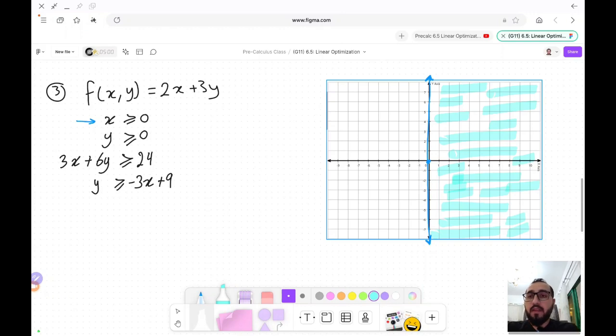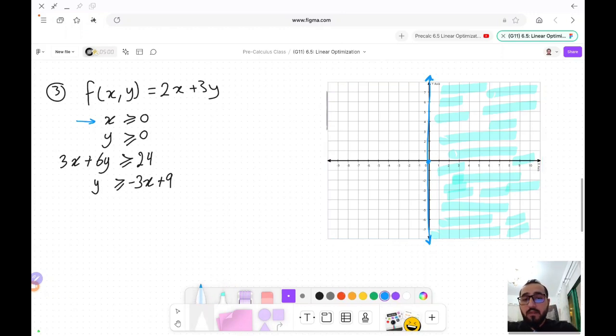Then the second equation in the red color here, y is greater than 0. So this is 0 here. Always remember, if you mix up y and x, when you draw, x should be the vertical line and y should be a horizontal line.